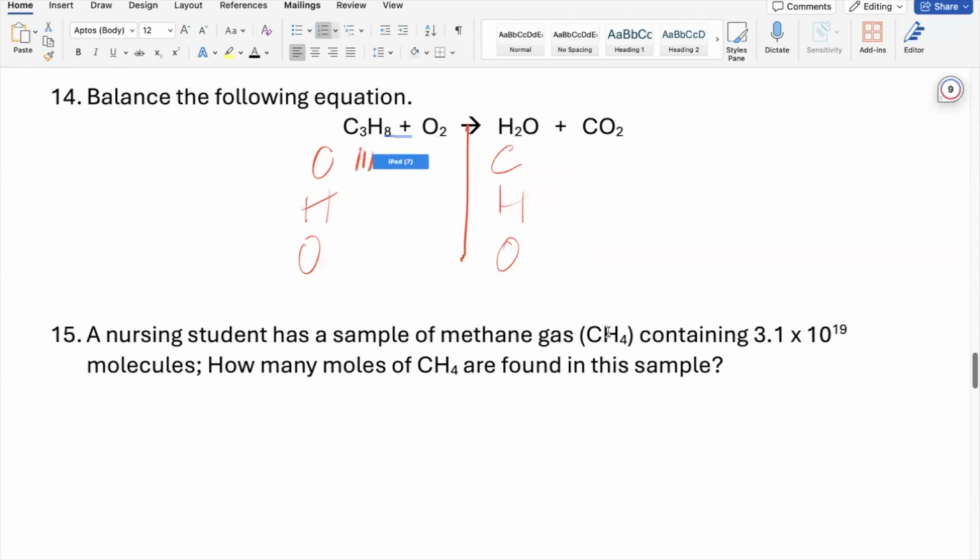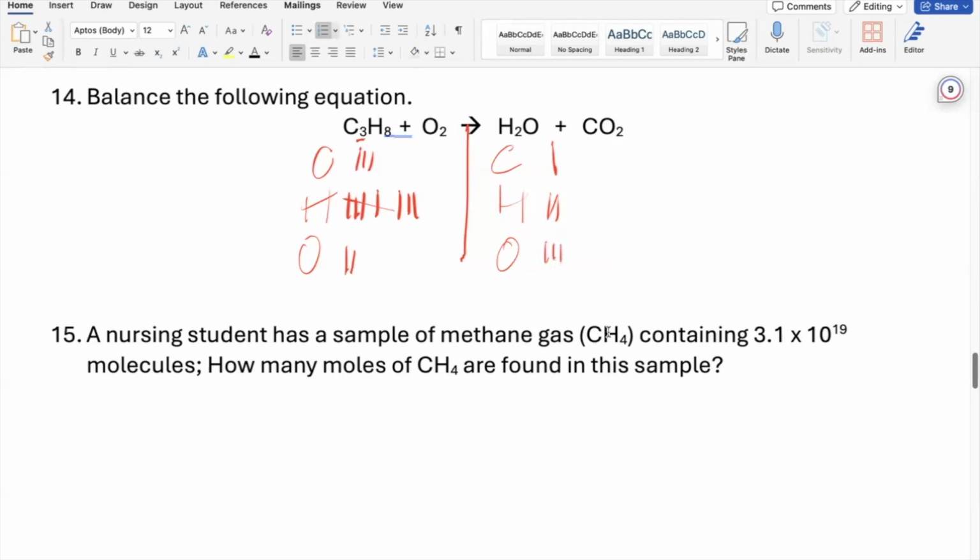So I have 3 carbon, sorry, 8 H's, 2 O's. On this side, I have 1 carbon, 2 hydrogens, and 3 oxygen.